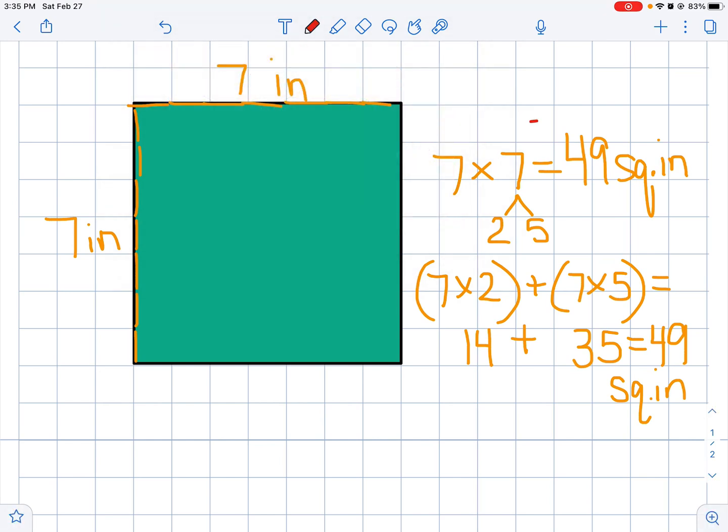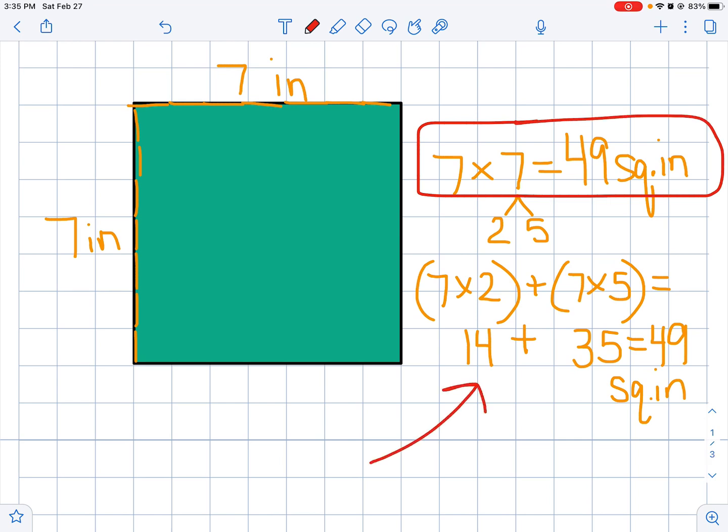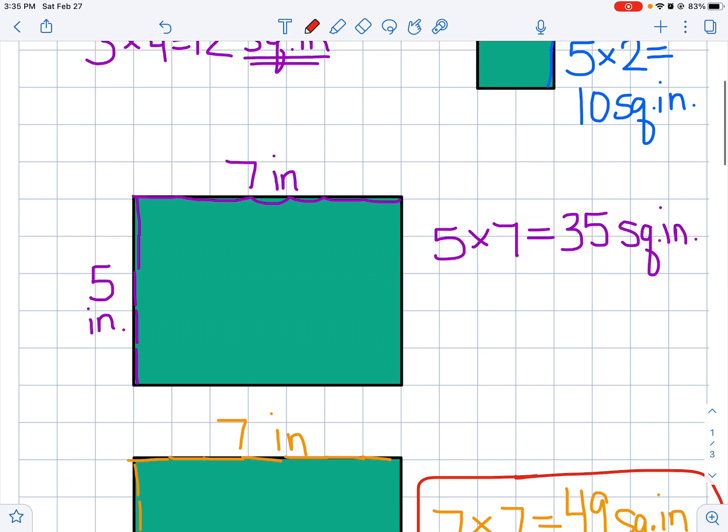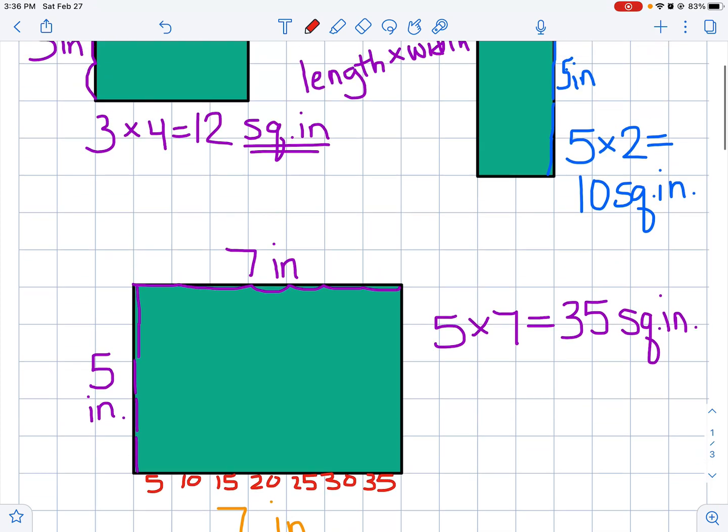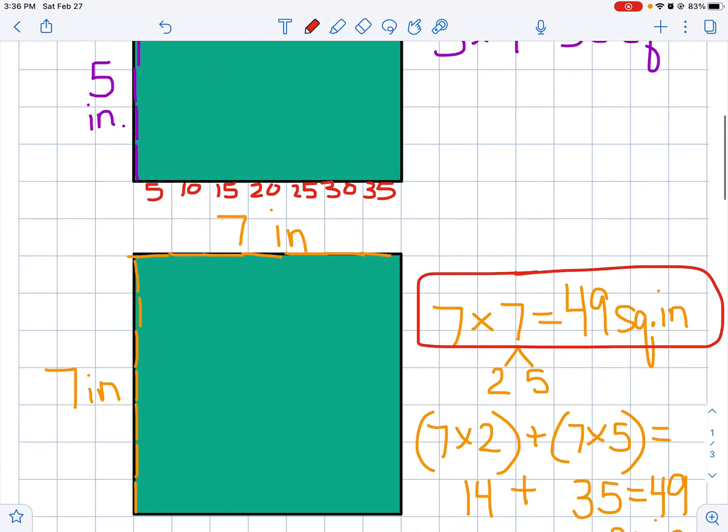So like, I want to see this, but I also want to see your work. How did you figure it out? If on something like these you skip counted, it would be really nice to see your skip counts. 5, 10, 15, 20, 25, 30, 35, though it's not necessary, okay? If you skip counted, it's not necessary to write your skip counts unless that helps you keep track.